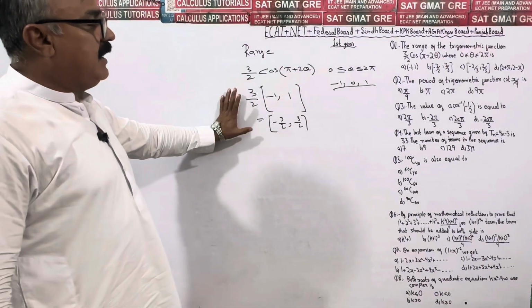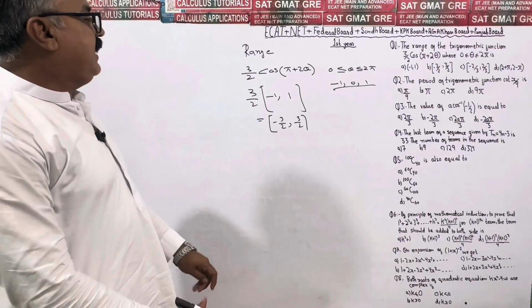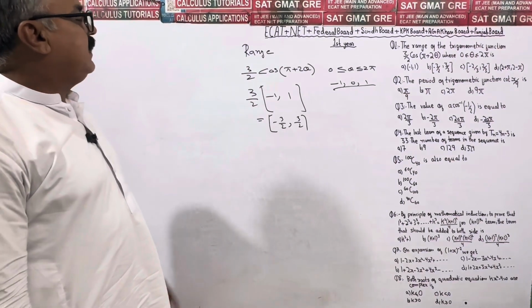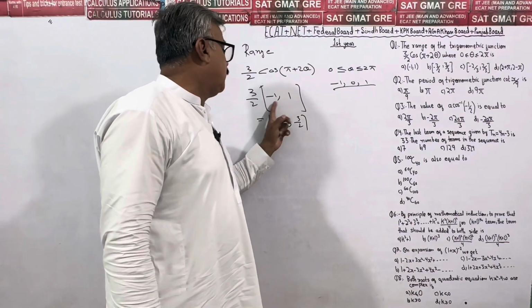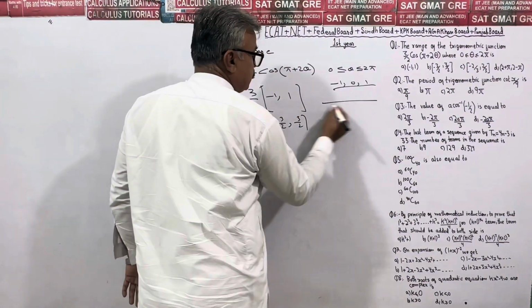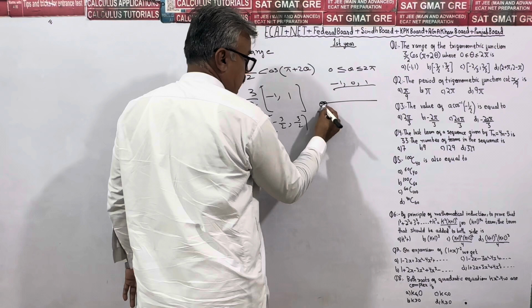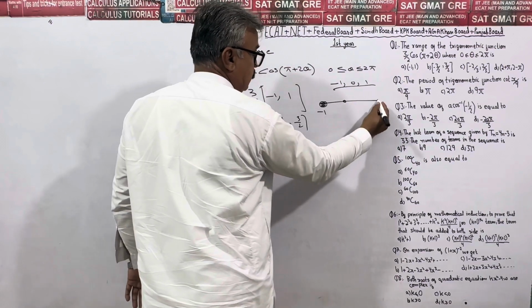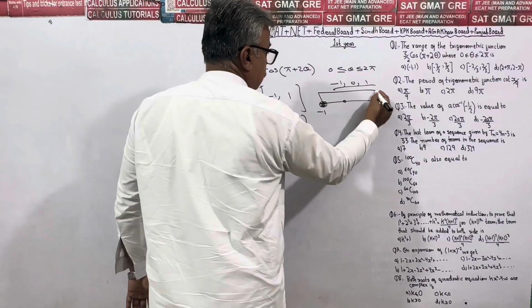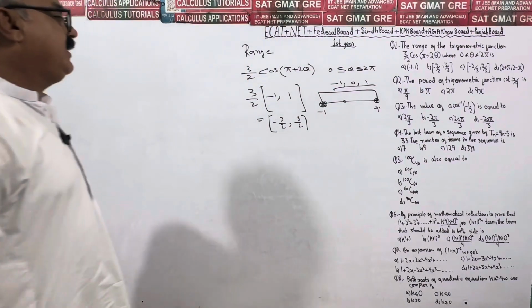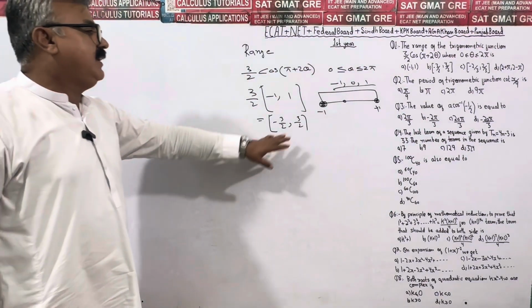That is our range. Normally, the range of sine as well as cosine is the closed interval from minus 1 to 1, including minus 1 and 1.